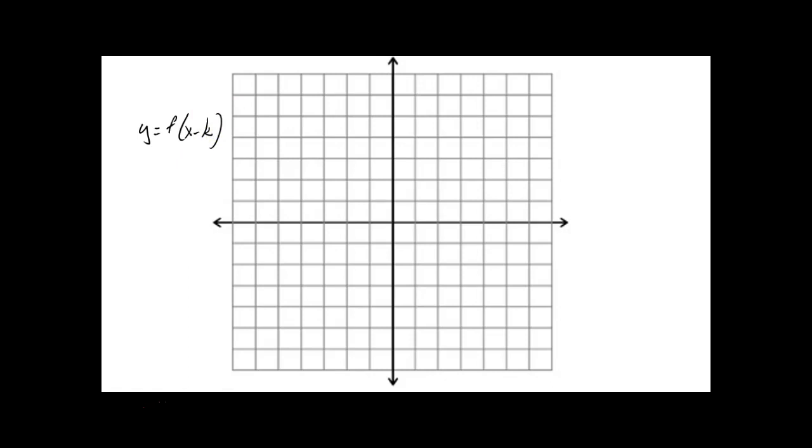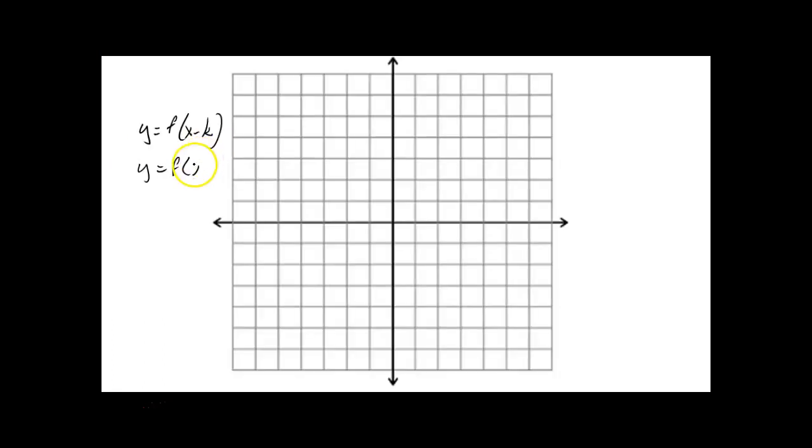It's the graph of y is equal to f of x, rigidly translated or shifted horizontally by some amount k. Goodness gracious, this thing is driving me nuts. It just won't write. It's just a translation.